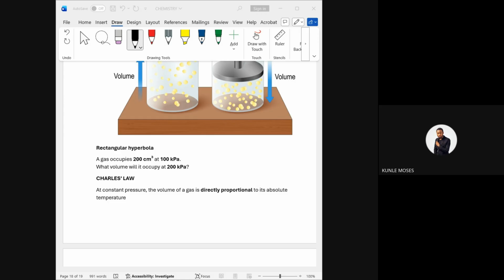So looking at this, it said the volume is directly proportional to its temperature. That's V directly proportional to T, right?